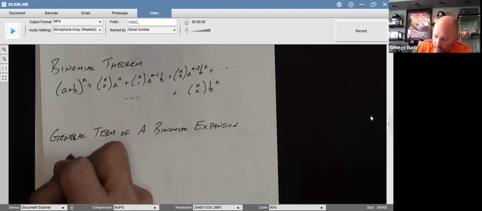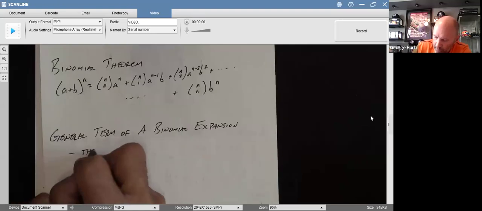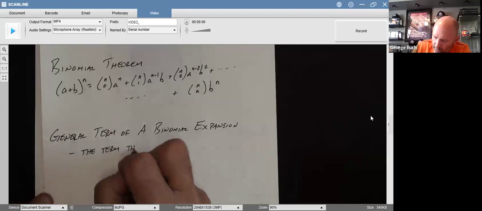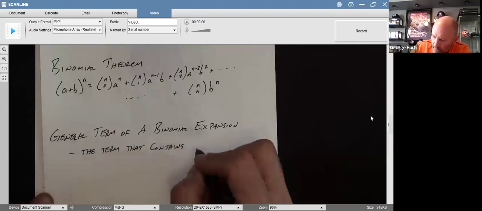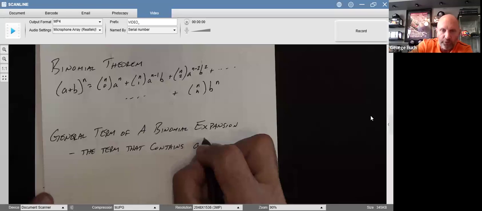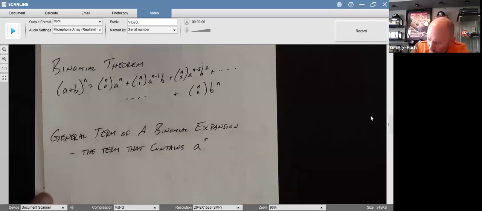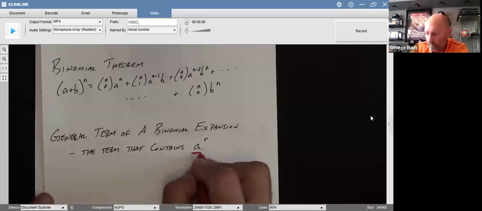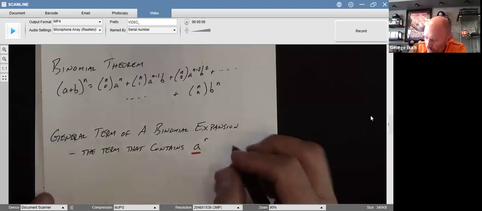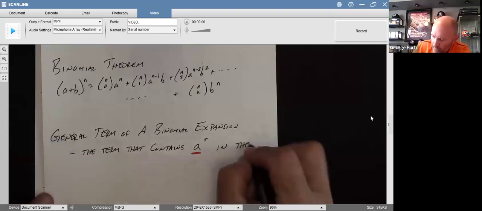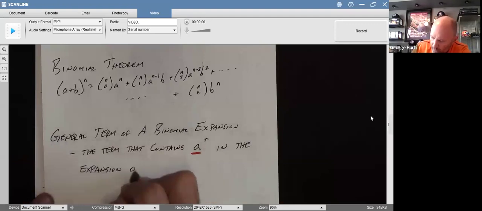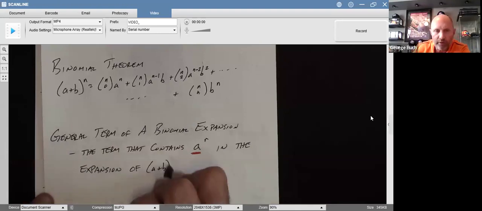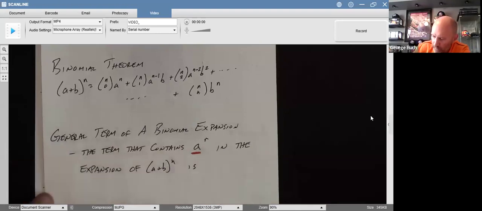The term that contains a to the r, and this is important because it's dependent on my a value, in the expansion of a plus b to the n power is given by the following formula.